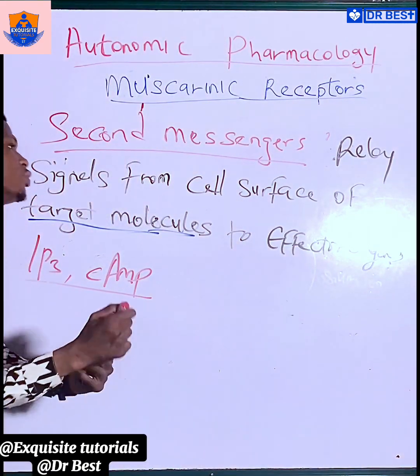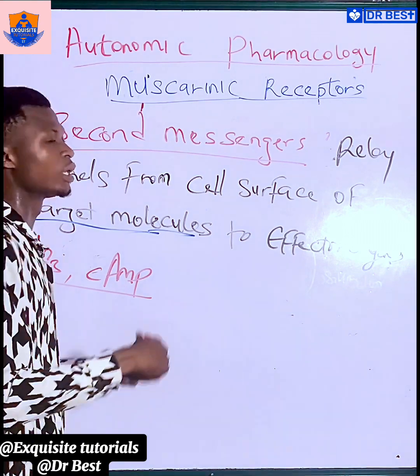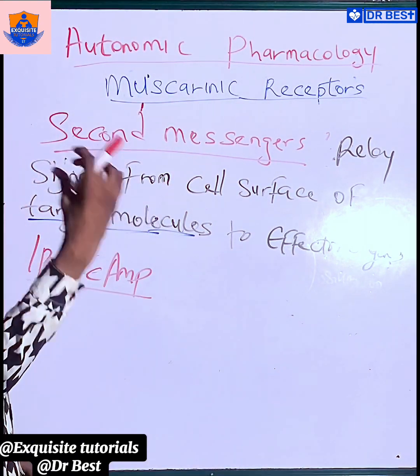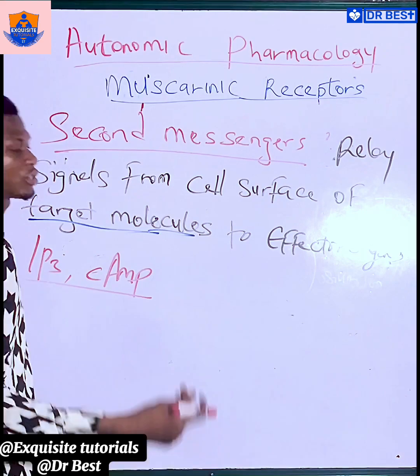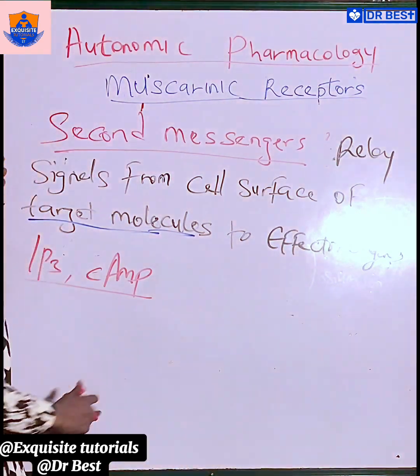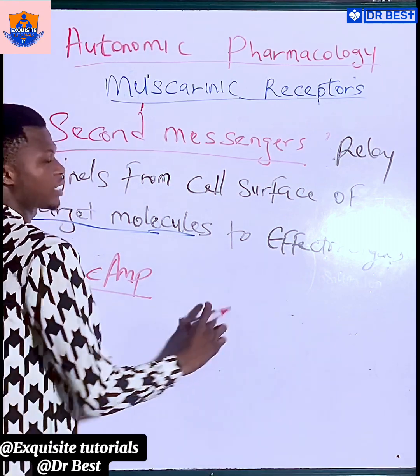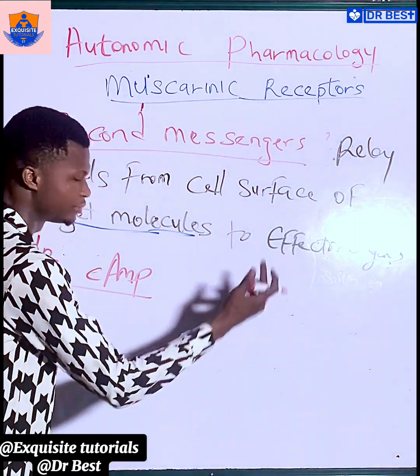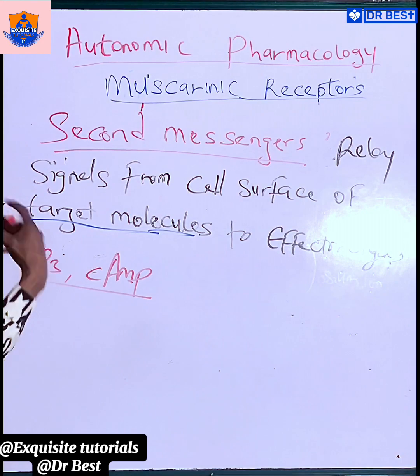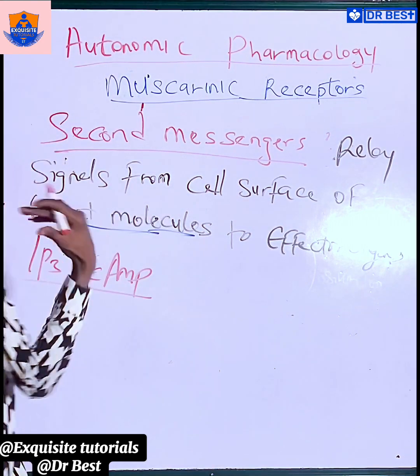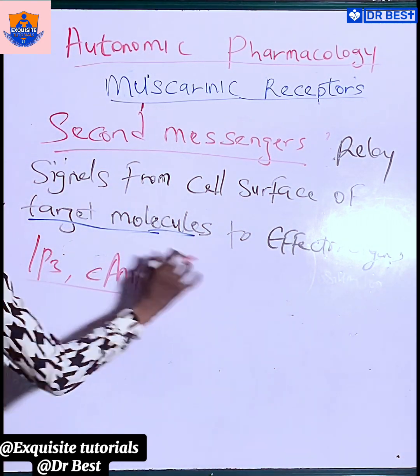What IP3 does is to increase or enhance the mobilization of calcium ion from the storage organs, right? So once IP3 is activated, there is an increase of calcium ion in the body. Same thing with DAG. DAG helps to increase activation of protein kinase C.